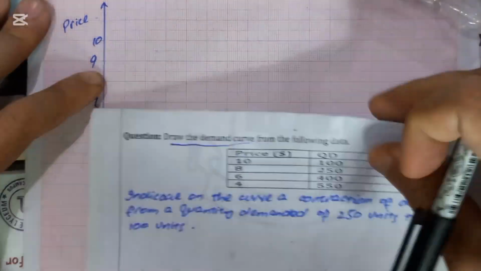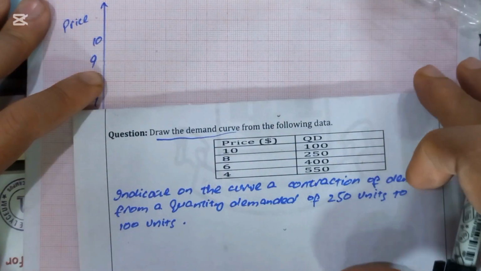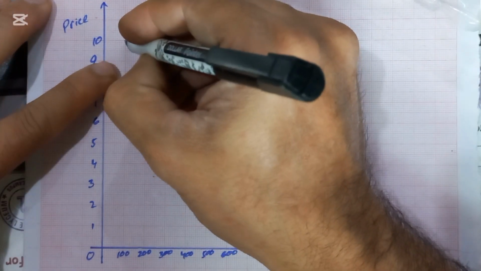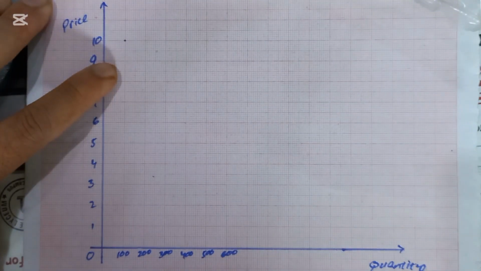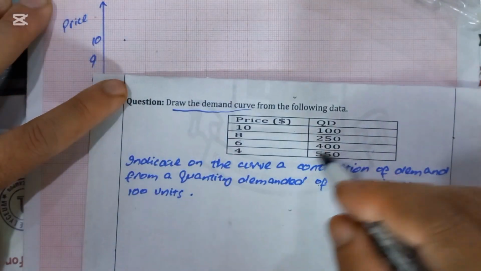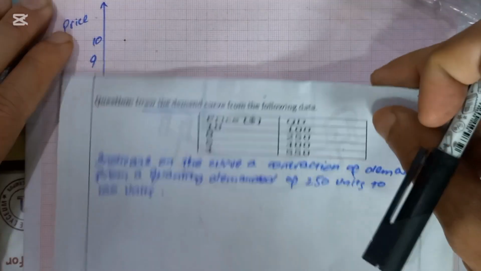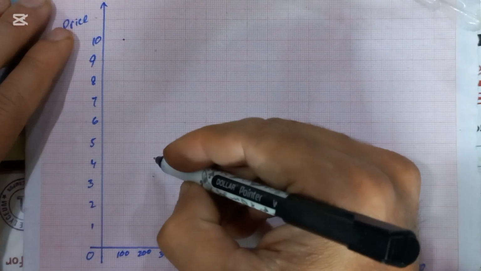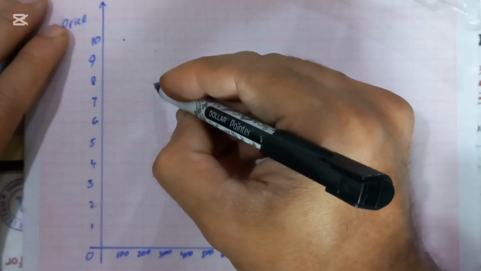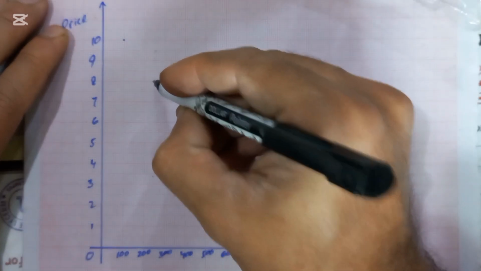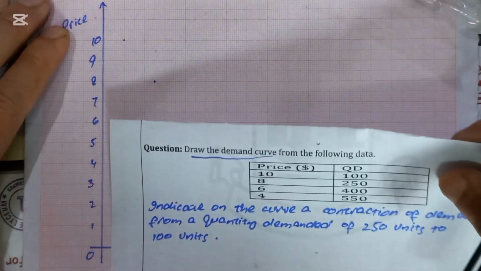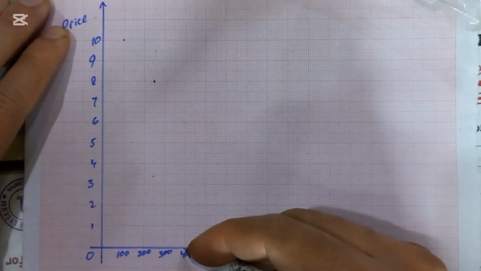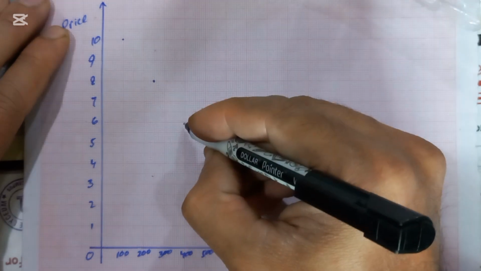Now we will plot the points. The first point is 10 and 100. Here is 100 and here is 10. This will be the first point. The next point is 250 and 8. So here is 250 and here is 8. The next point is 400 and 6. Here is 400 and here is 6.